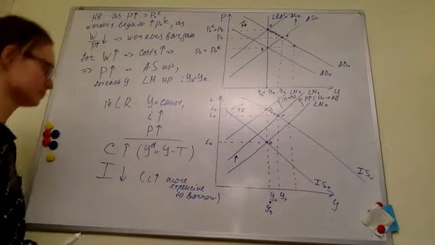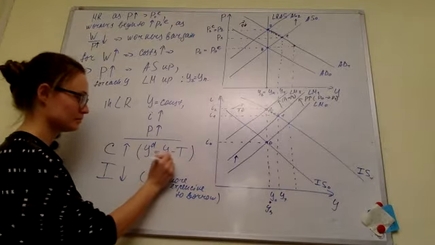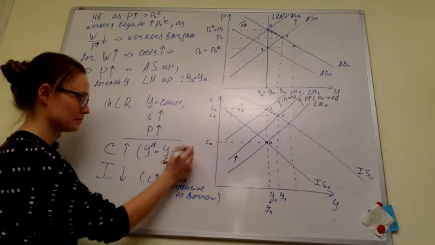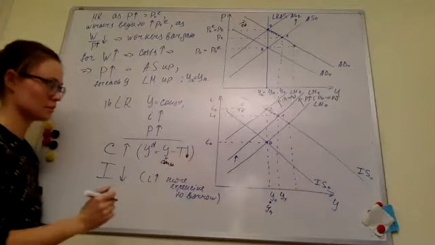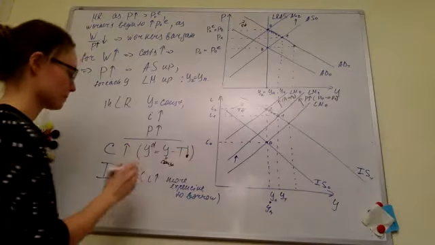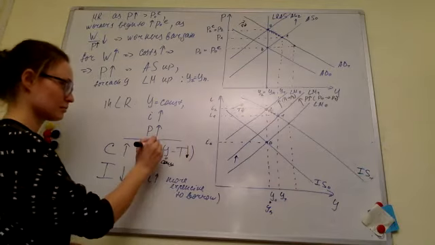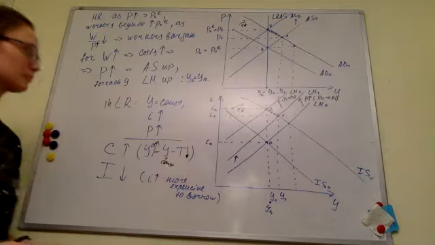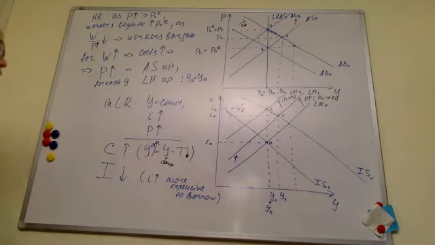Yes, and you just said that GDP stays the same, and the taxes are decreased. And that just leads to the increase in consumption. Yes, disposable income goes up, so consumption goes up.